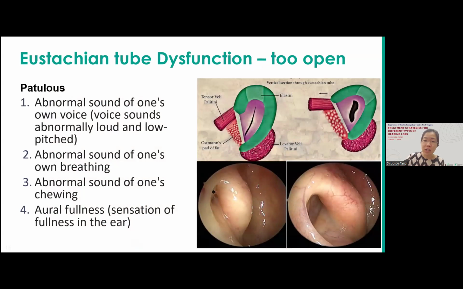Now I'm going to completely change direction, yeah? Some people get Eustachian tube dysfunction, which is a condition when it's too open, or what we call a patulous Eustachian tube.